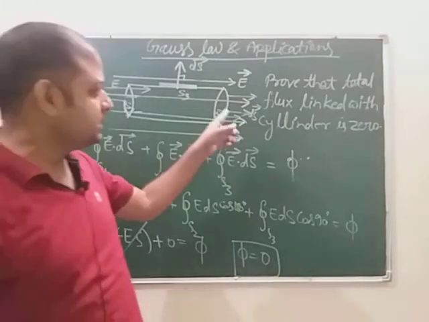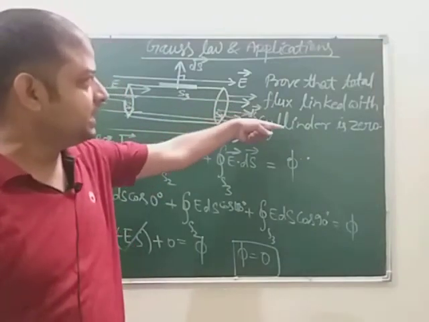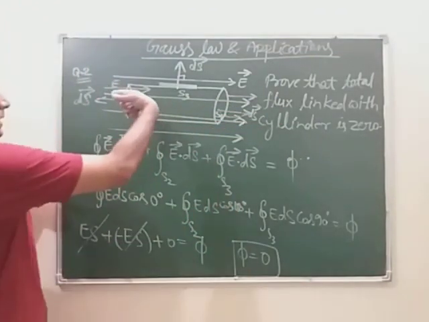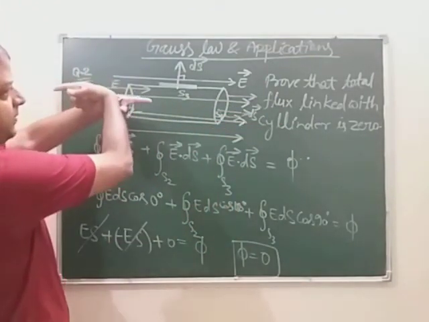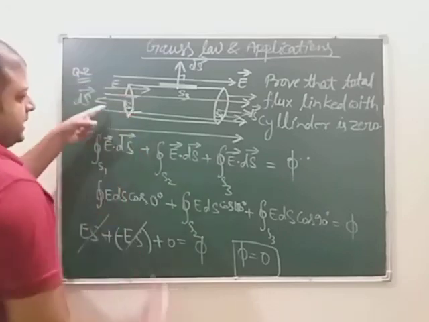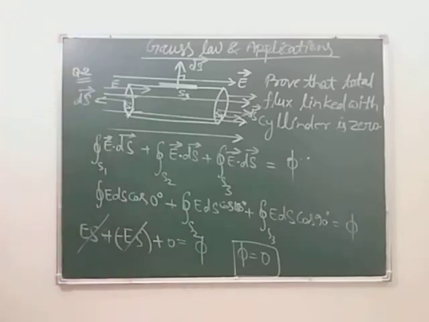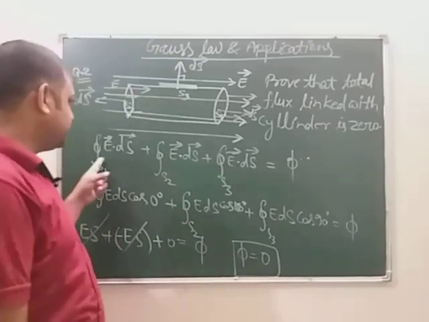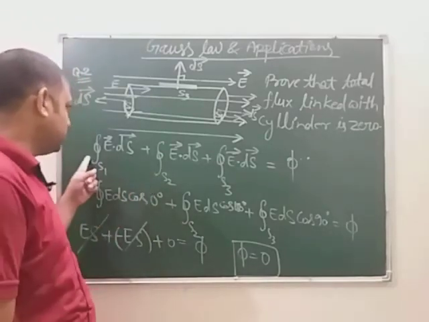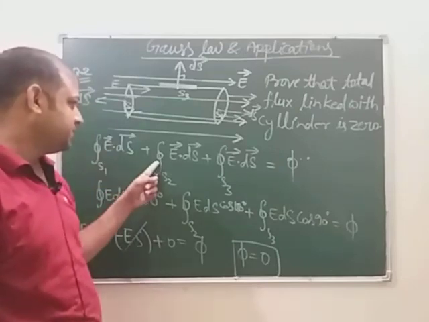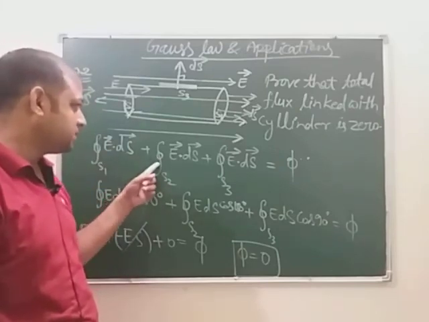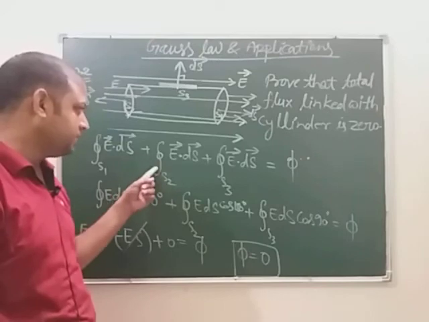So in this direction theta is 0 because the electric field and area vector are in the same direction. In this direction the area vector is this and the electric lines are going this way, 180 degrees, and there is 90 degrees. So the flux related to this is 0. Now what is this integration type? The closed integration. You have seen that I have marked a closed loop on the integration.